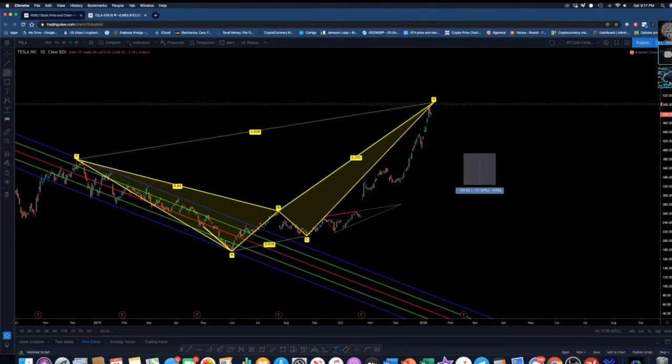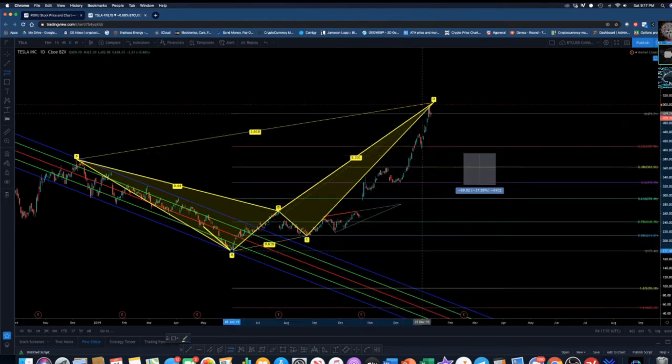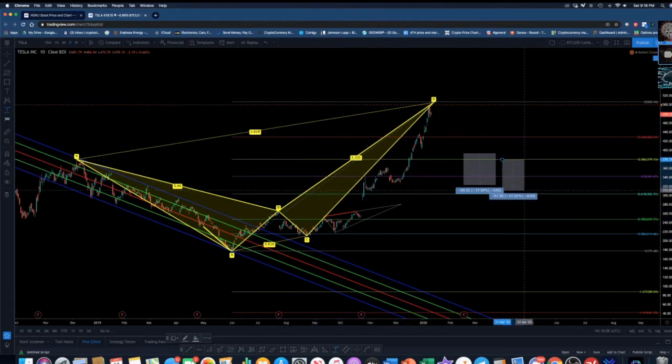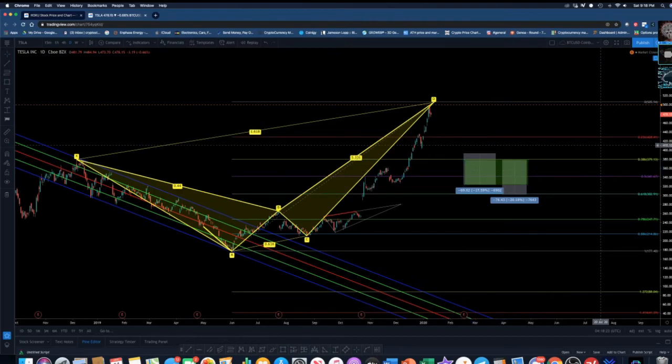Then I'll do it a second time, from the first time that was from C to D. This time it's from A to D, and I'm looking for the next common retrace zone on this one, basically from here to here. And then I just see where the overlapping happens, right? So anything in this overlapped area is going to be high potential targets.